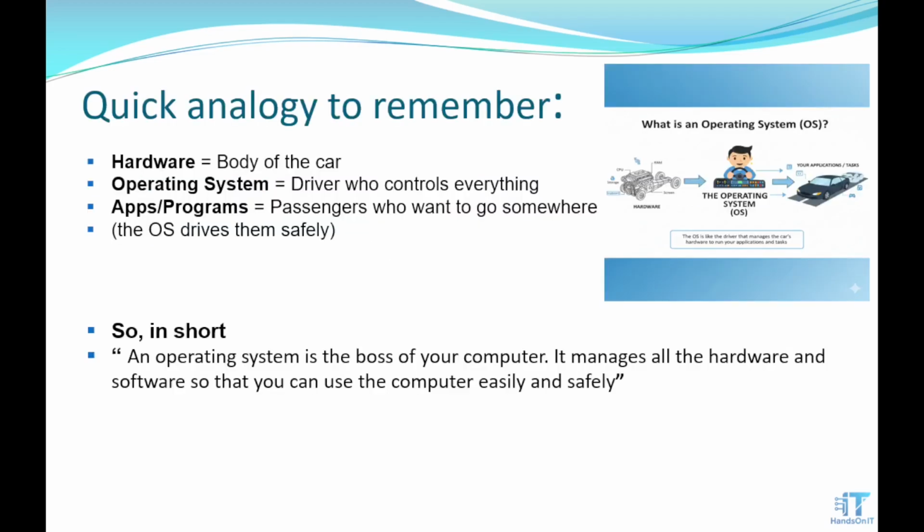In simple understanding, I will give you a small example, a quick analogy to remember this. Computer hardware is the body of a car. The operating system is the driver who controls everything.